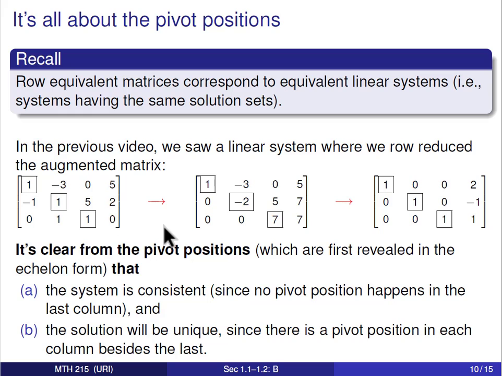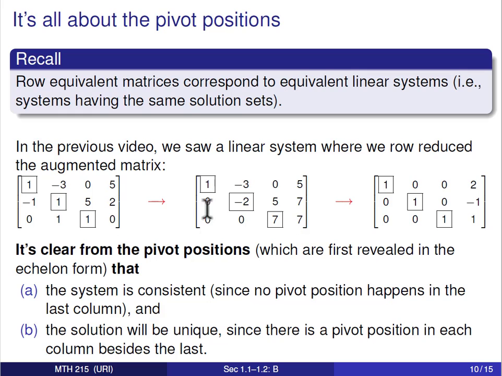What you'll want to do is go to the echelon form of your matrix. And when you have arrived at the echelon form, like we have in the middle matrix here, take note of where the pivot positions are located. Remember, that is the location of the leading entry in each non-zero row. It turns out that if you have a pivot position in every column except the last one, remember you don't want a pivot position in the last one because that would mean there are no solutions.